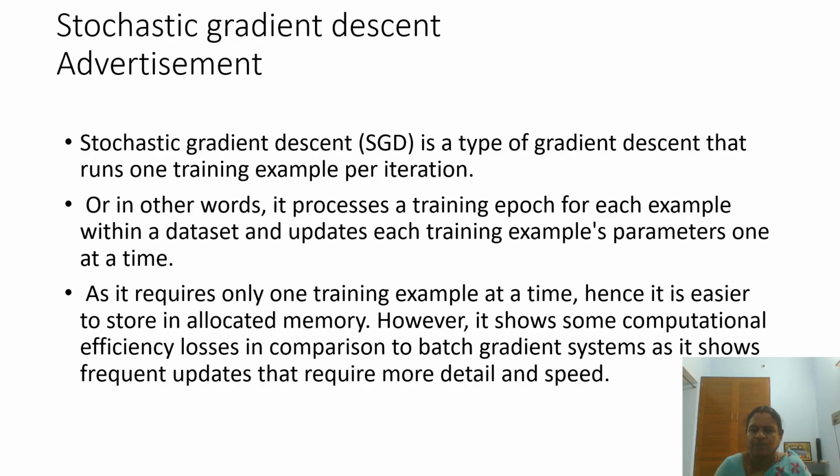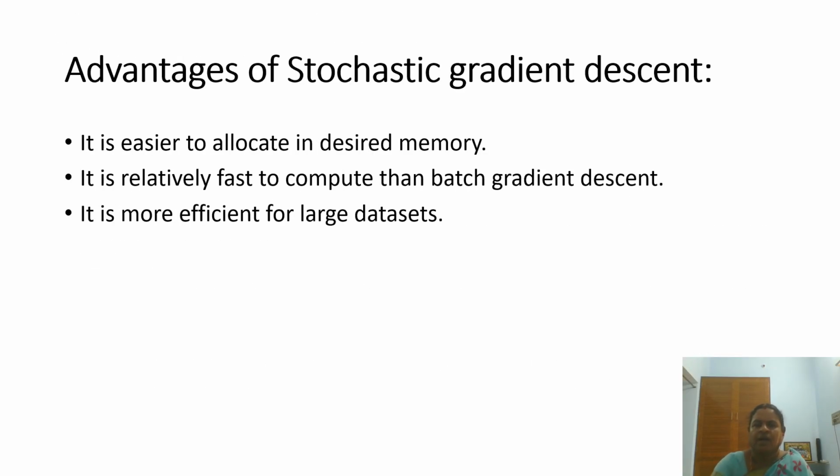However, it shows some computational efficiency losses compared to batch gradient systems. Advantages of SGD include it is easier to allocate in desired memory. It is relatively fast to compute than batch gradient descent. It is more efficient for large data sets.